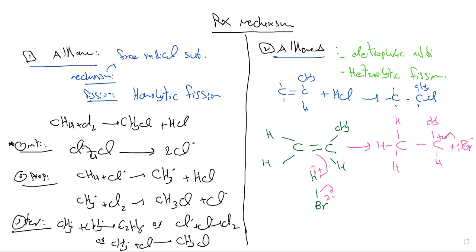After that, a curly arrow to become CH3, and the other one contains CH3, H, and Cl.